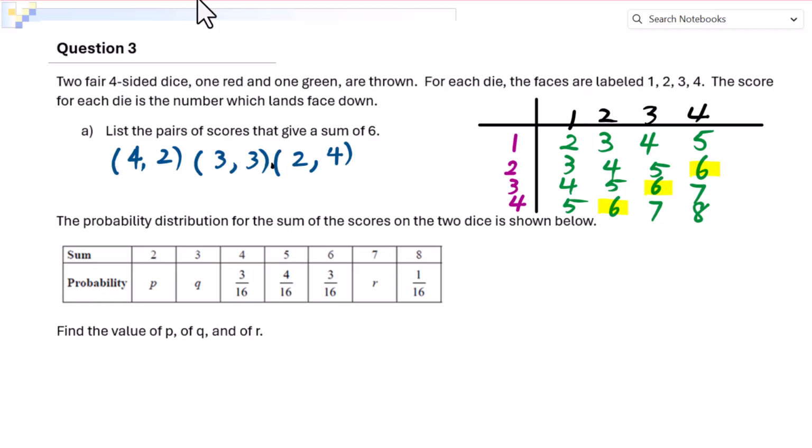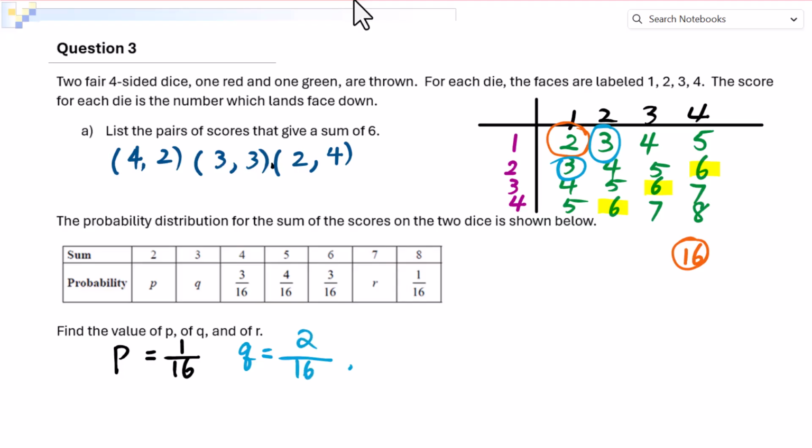The probability distribution for the sum of the scores on the 2 dice is shown below. Find the values of P, Q, and R. From these outcomes, we find only one 2. The possible outcomes number 16. So P equals 1 over 16. For Q, we found two 3s, so Q equals 2 over 16. For R, we found two 7s, so R equals 2 over 16.